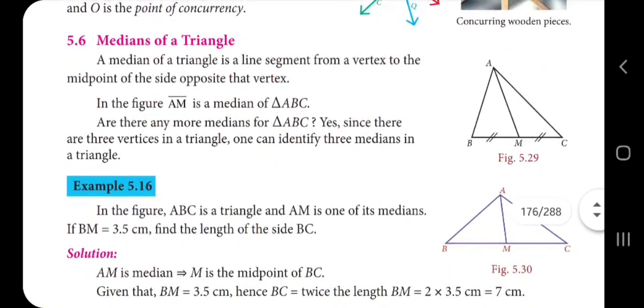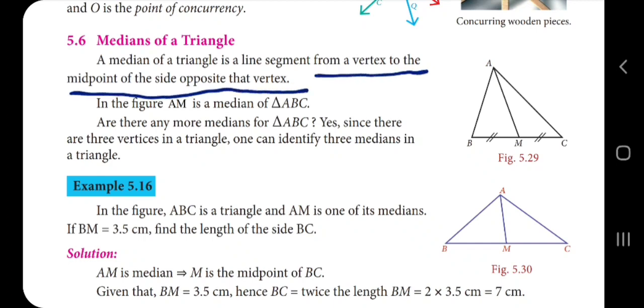Then medians of a triangle. So what is a median? A median of a triangle is a line segment from a vertex to the midpoint of the side opposite the vertex. In the figure, AM is a median of triangle ABC.